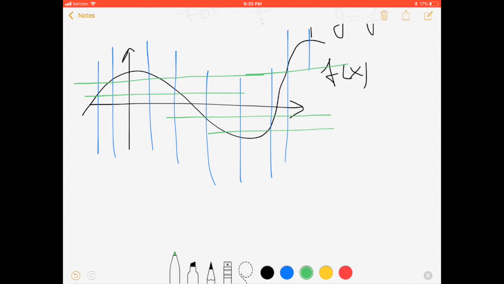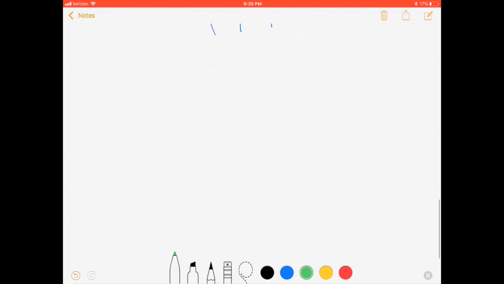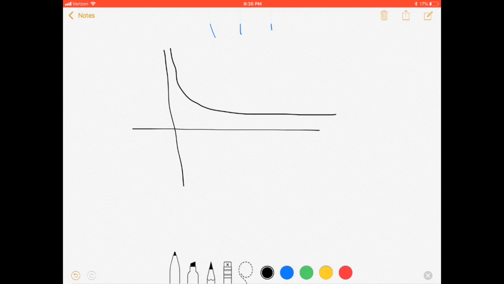Okay, let's do some examples where the function will be invertible. For example, this kind of function. It's not exactly horizontal, sorry. Something like this.